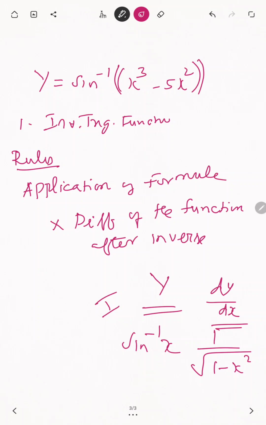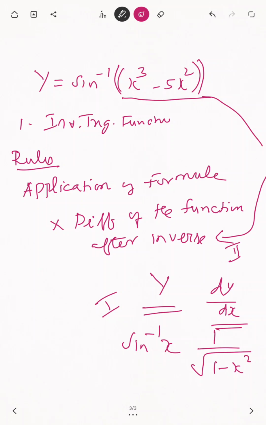Second point is differential of the function after inverse. So this will be called differential of after inverse. See, two things we have with us. Application of formula is available here, that is one, and this is the second one. So first you have to apply application of formula.